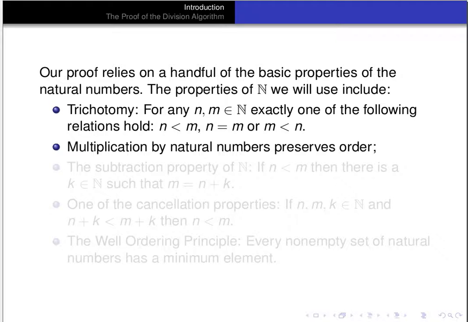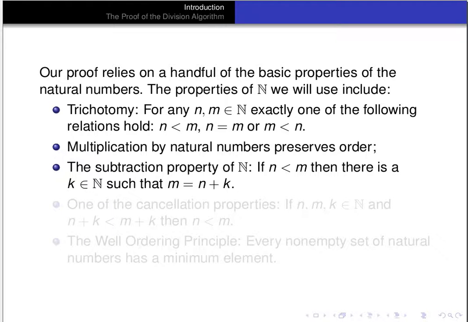We'll use the fact that multiplication by natural numbers preserves order, or respects order. We'll use our subtraction property over the natural numbers, that if n is strictly less than m, then there's a natural number k, so that m is equal to n plus k.